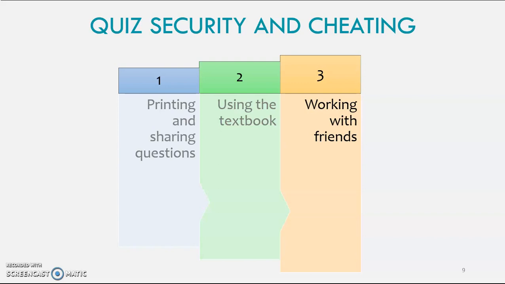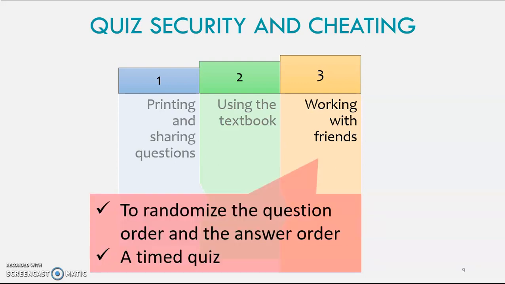Next cheating strategy is working with friends. If your students are on the same campus, they may get together in a lab and try to take the quiz together. This is an easy strategy to cheat with the quizzes. So in order to overcome this strategy, you need to set a random question order with random answer order and a timed quiz.